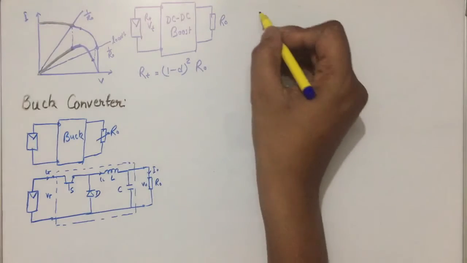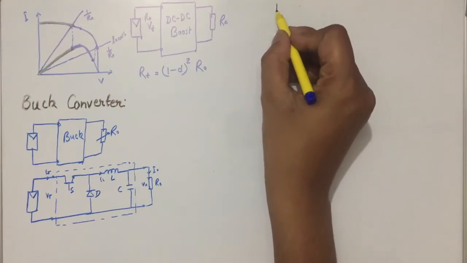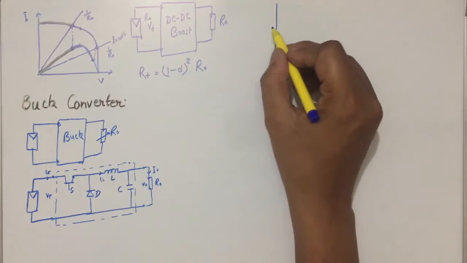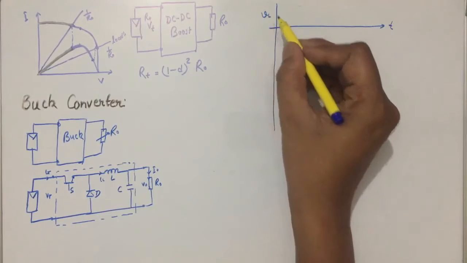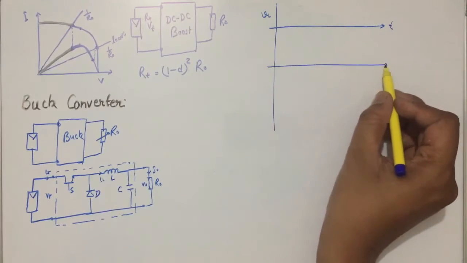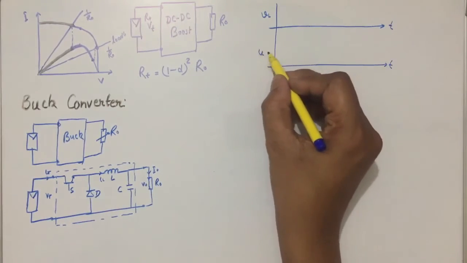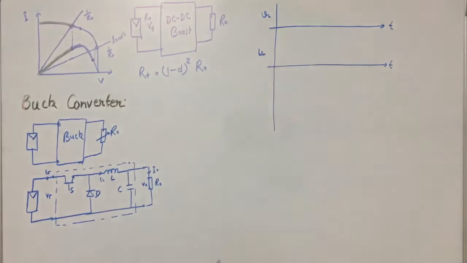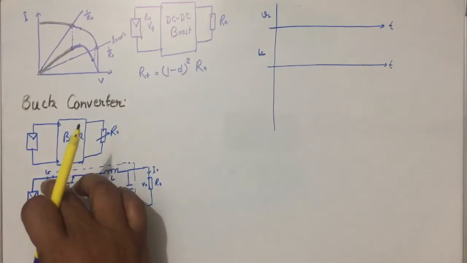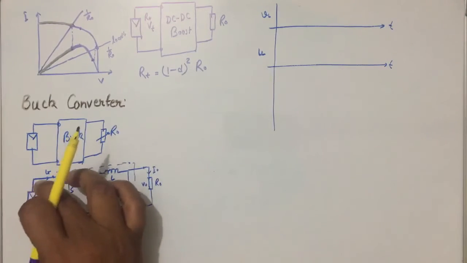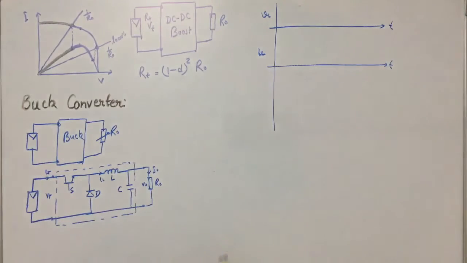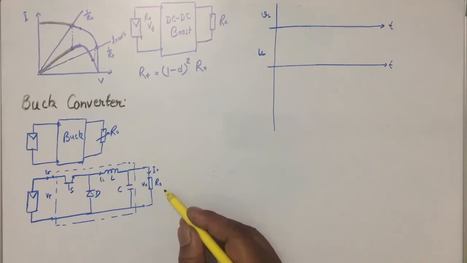So for that purpose, let us have VT and VL, IL. Now if we wish to find the relationship between this VT and this V0, meaning the input side impedance, that is nothing but RT, and the output side impedance R0.